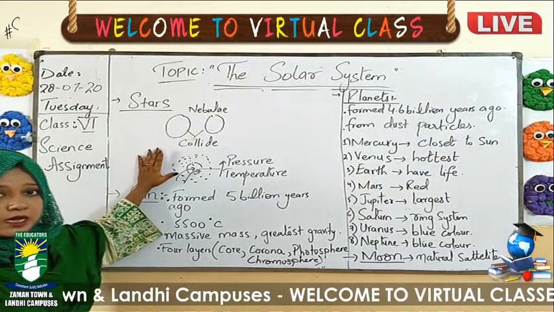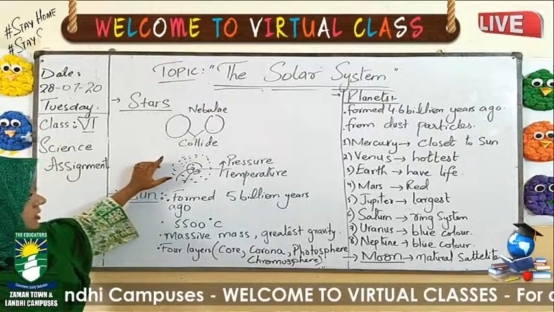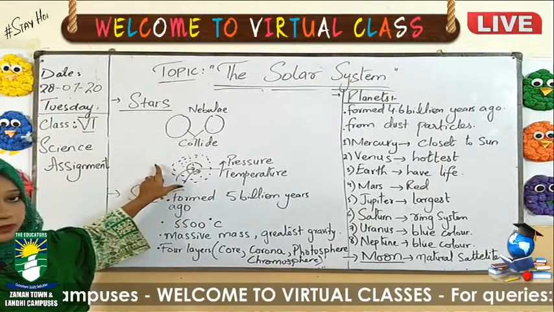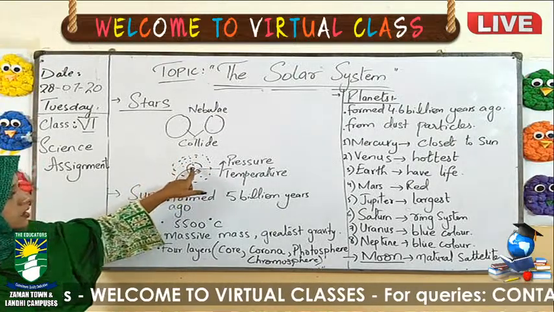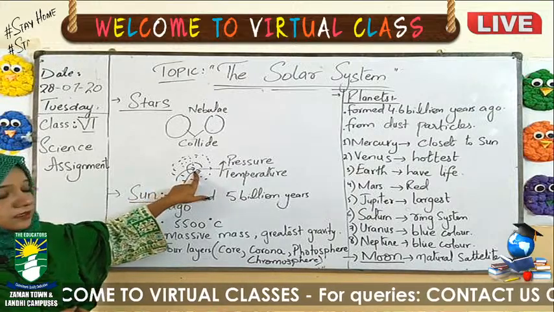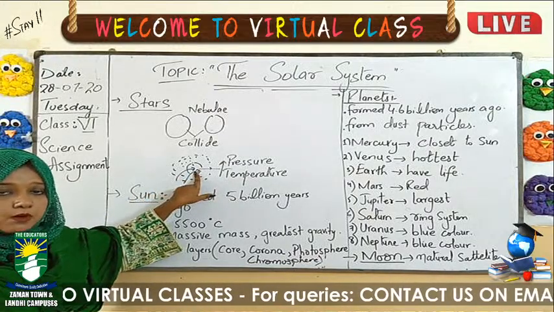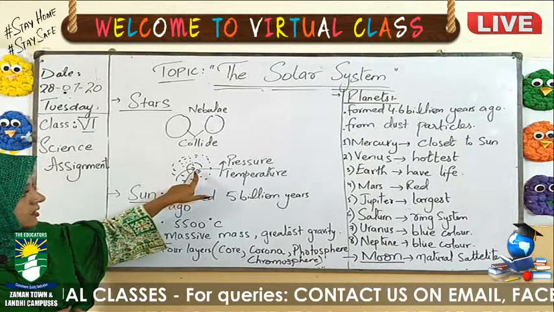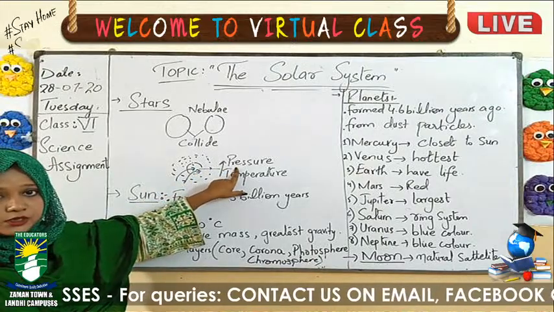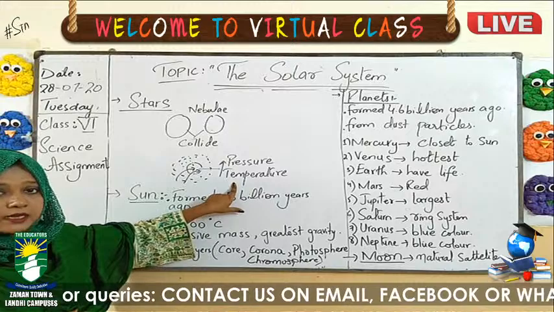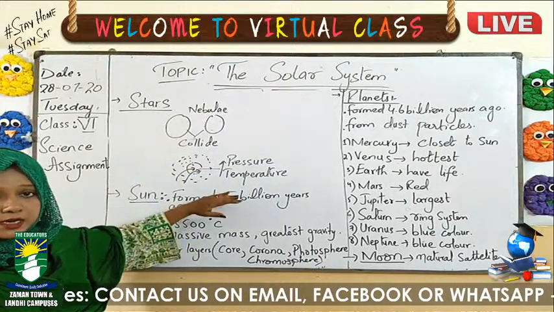And how do stars shine, how do they produce light? These smaller fragments start emerging into the central empty hollow part of the nebula, resulting in an increase in pressure and temperature that causes the stars to shine.